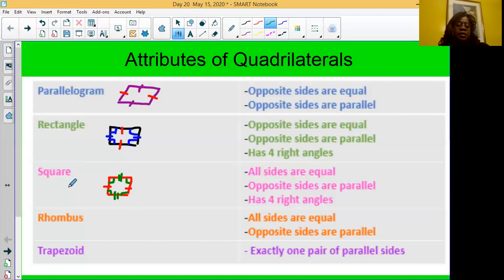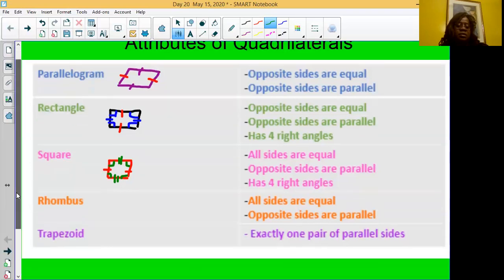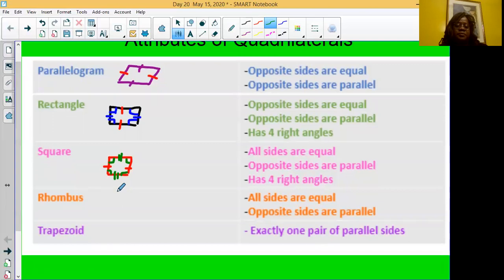Okay. Now our next one is a rhombus. Kind of looks like a diamond. Okay. So it kind of looks like that. I know that a rhombus has two pairs of parallel lines.